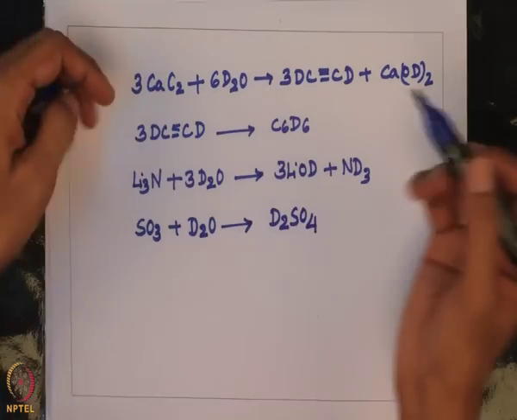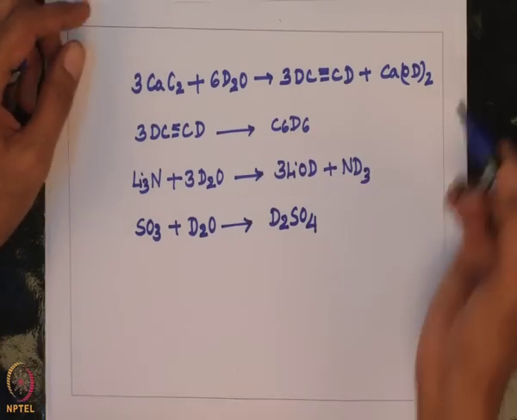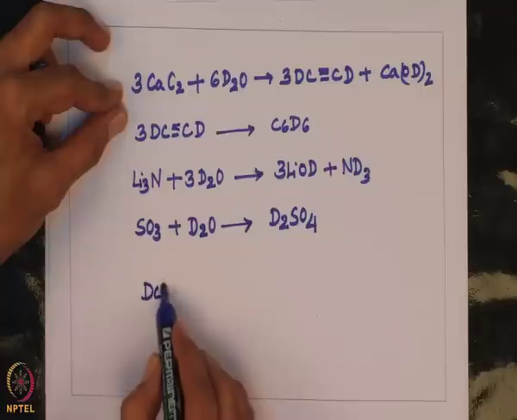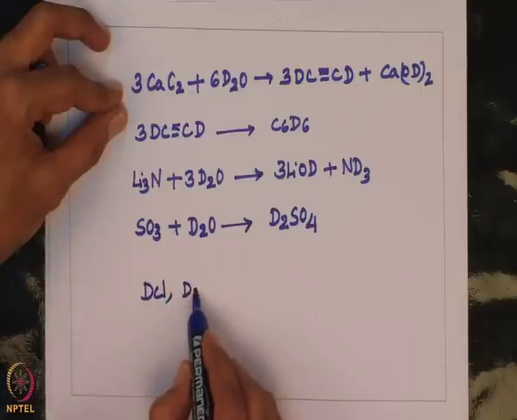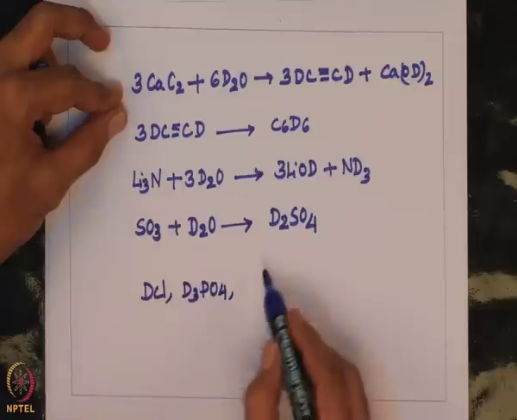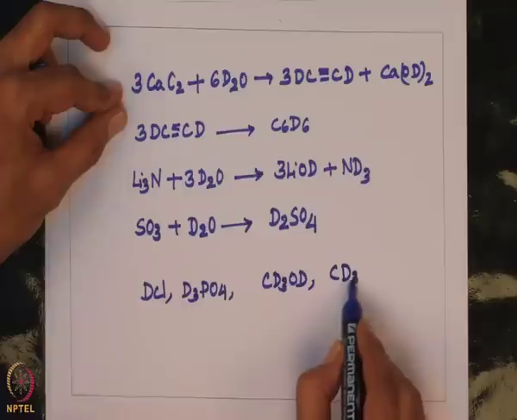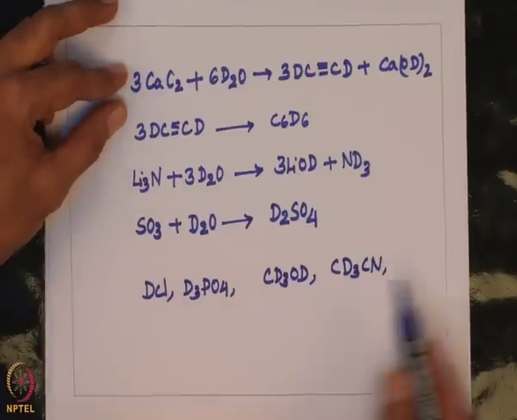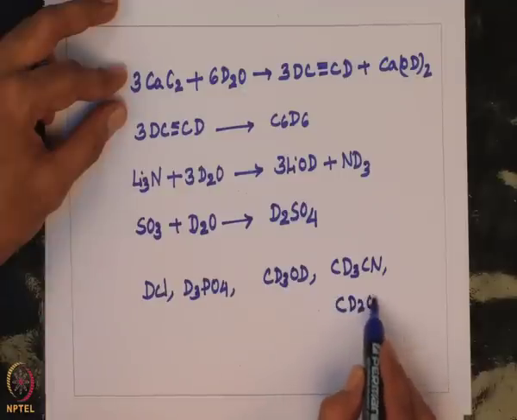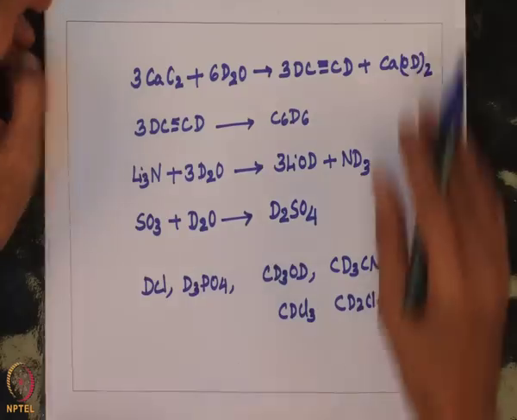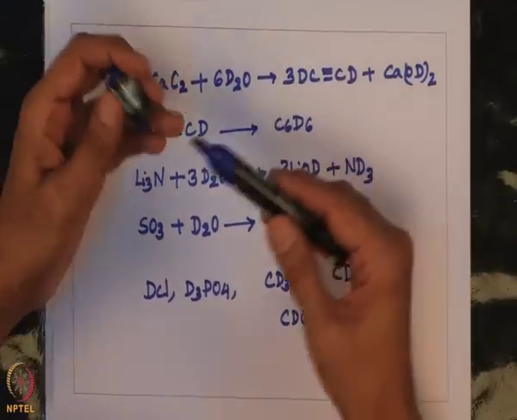These are some of the methods used for the preparation of deuterated reagents. For example, we can also make an attempt to prepare DCl, D3PO4 and also organic reagents such as CD3OD, CD3CN or CD2Cl2, CDCl3. So, if we know how to prepare these compounds, starting from D2O as the deuterated precursor, we should be able to comfortably prepare all these compounds.